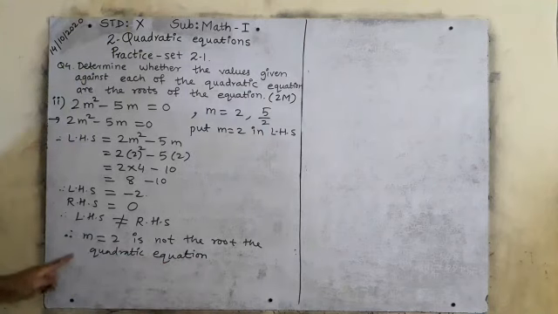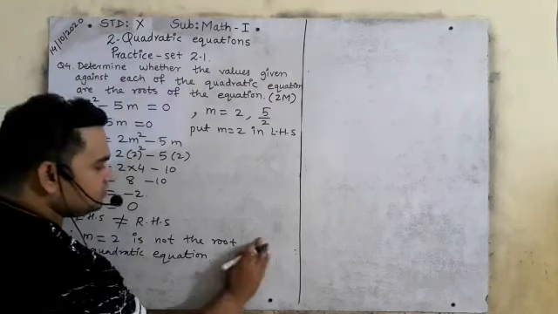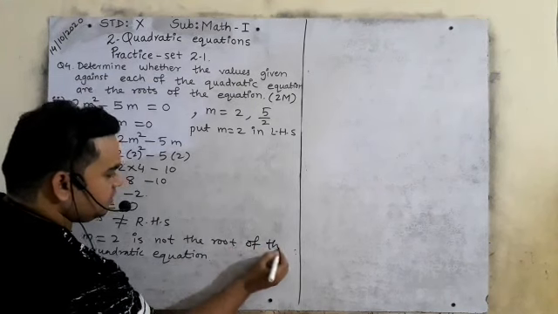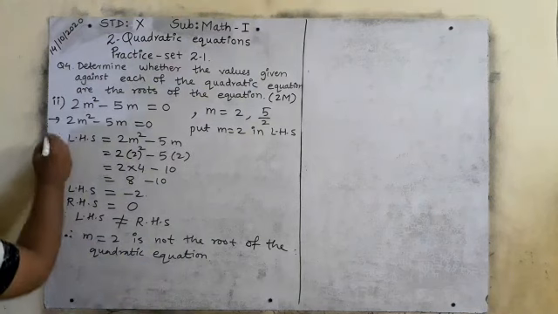Is it clear? m is equal to 2 is not the root of the quadratic equation. This was my A.